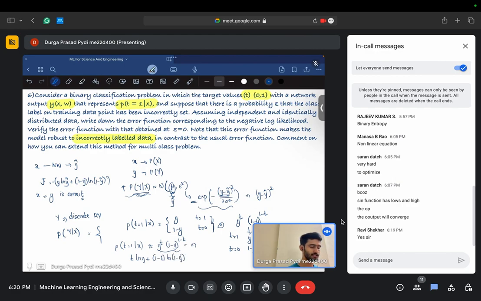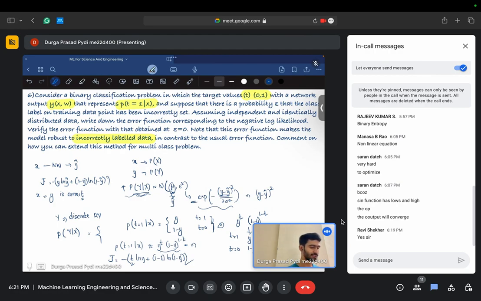So maximizing this is equal to maximizing that. My cost function is something you try to minimize, so whenever I want to put it as a minimization problem, I just put a minus before it. Maximizing the original function is the same as minimizing the negative of that function. So this will be my objective function, your binary cross entropy function. This is the scenario when you don't have any incorrectly labeled data in your training data set.